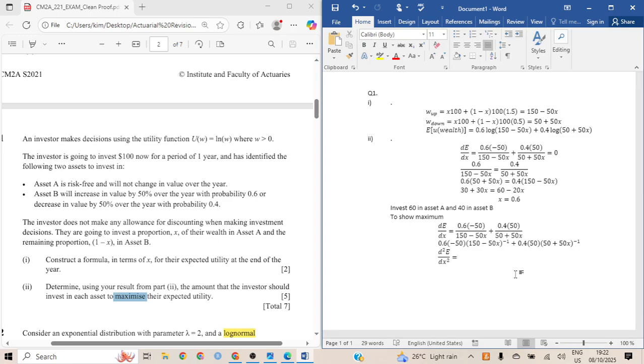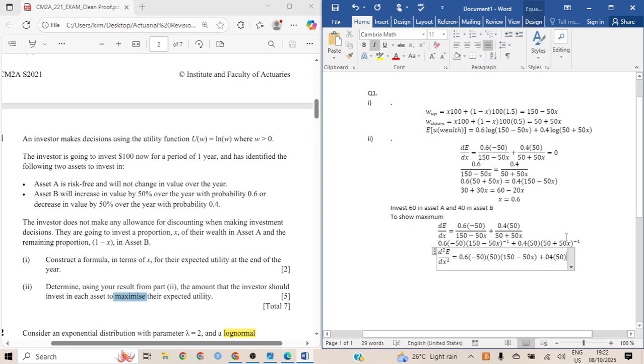Obtaining the second derivative, I'll get 0.6 into minus 50. The derivative again gives minus 50, but I have minus 1 here, so this minus 50 and this minus 1 cancel out, and I'll just have 50 times 150 minus 50x, plus 0.4 into 50.